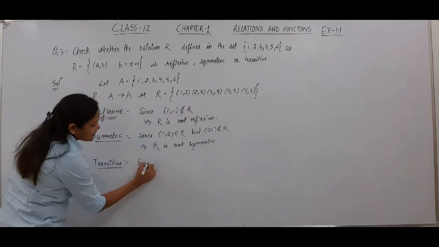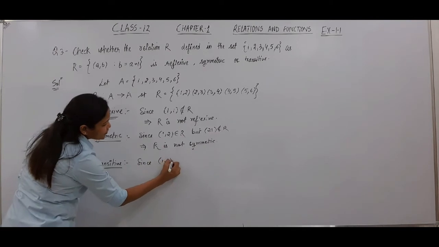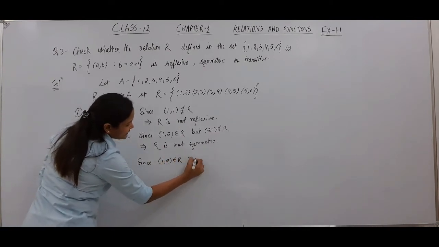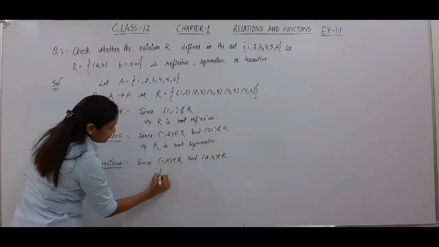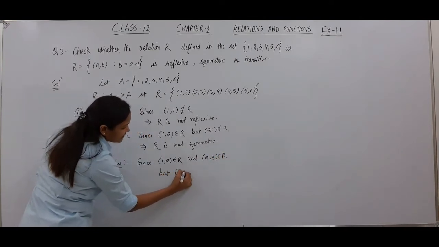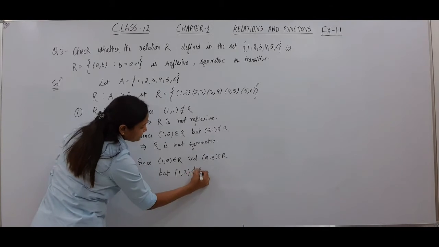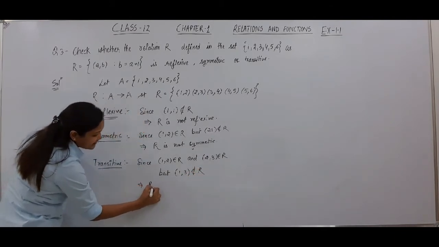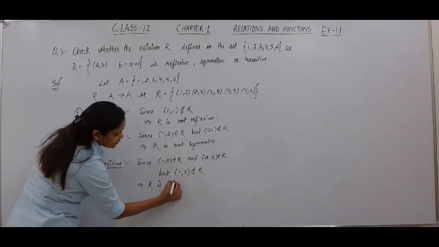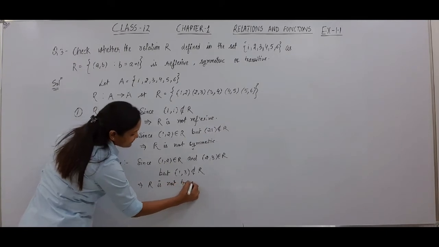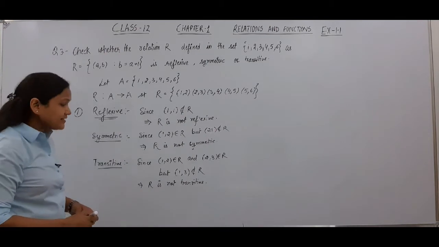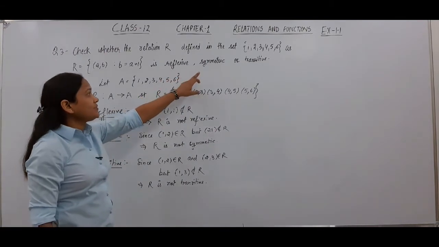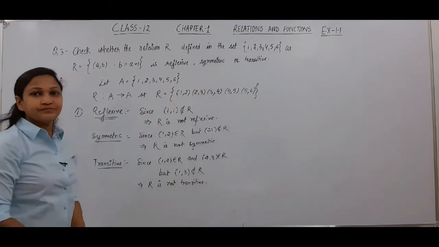So, since 1 is related to 2 and 2 is related to 3, but 1 is not related to 3, that implies R is not transitive. So your relation is neither reflexive nor symmetric nor transitive.